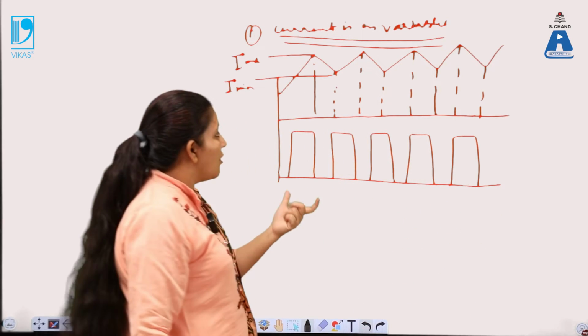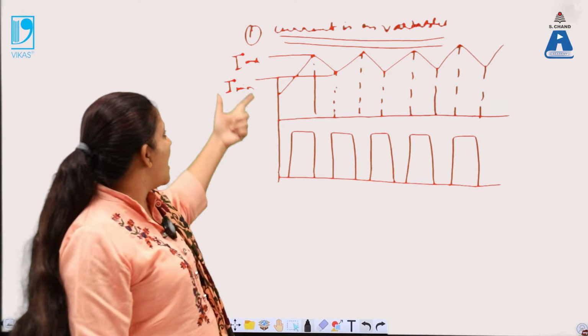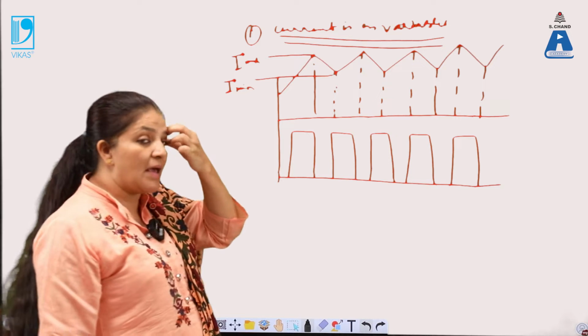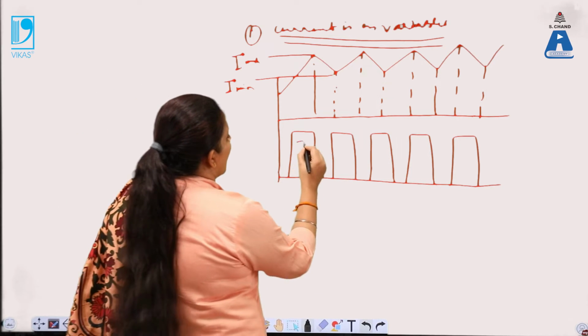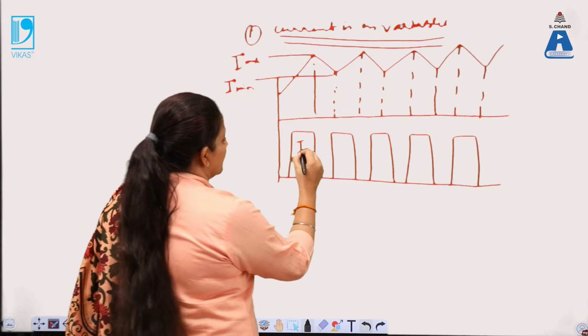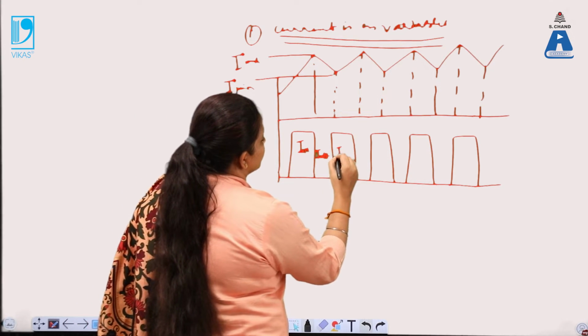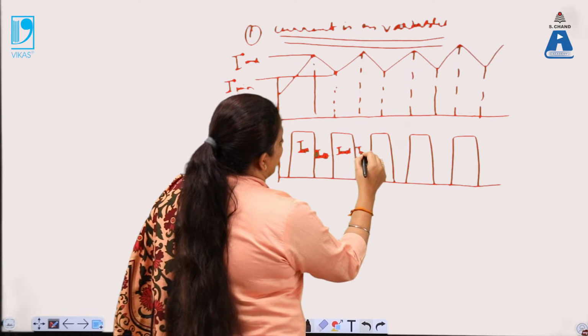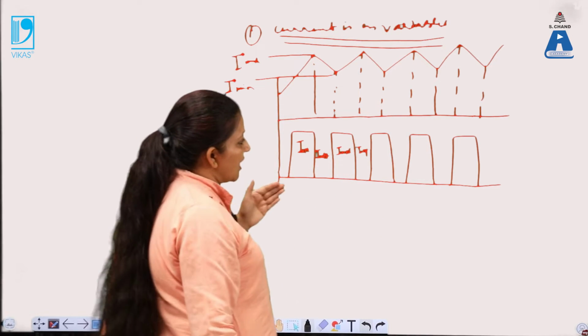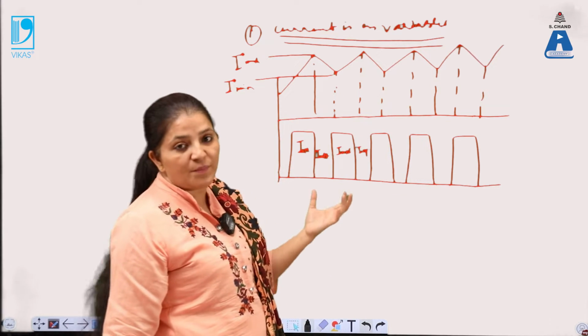If the I off or I minimum is taken as 0 and I maximum is taken as I m, this is I m, or you can say I on. This is for I off, this is again I on, I off. So this type of chopping is called current controlled chopping.